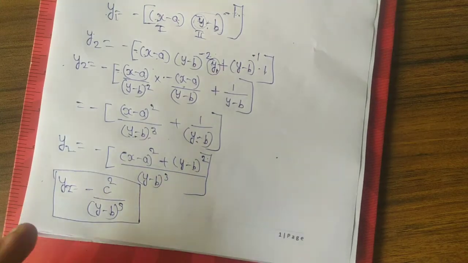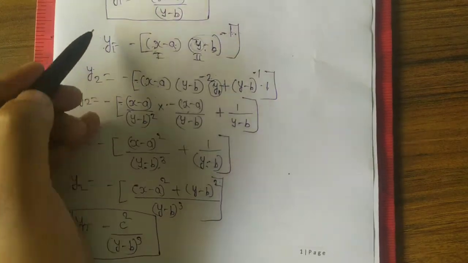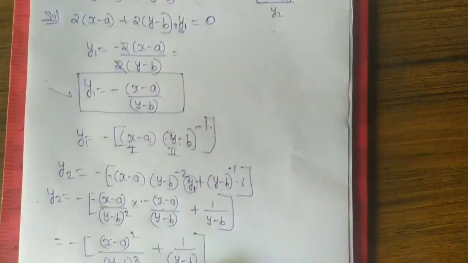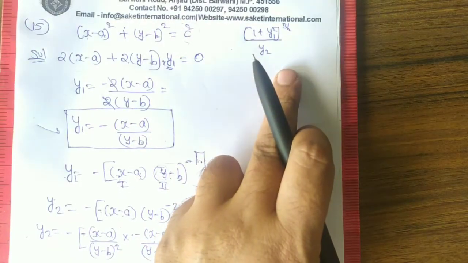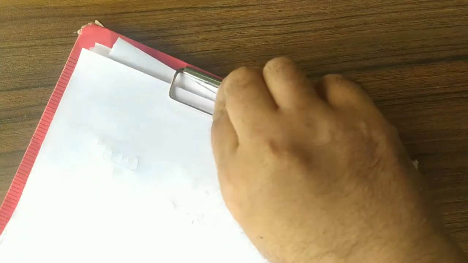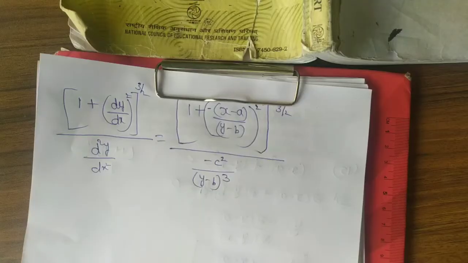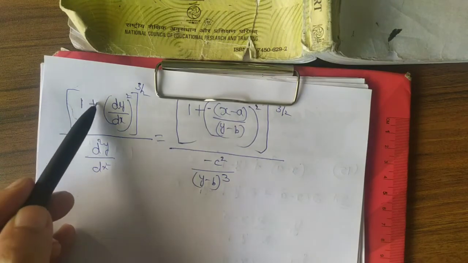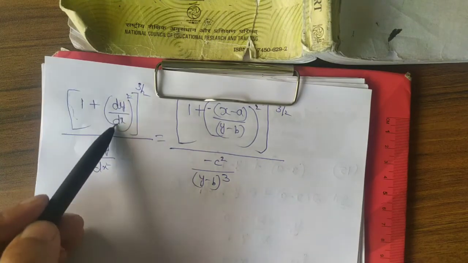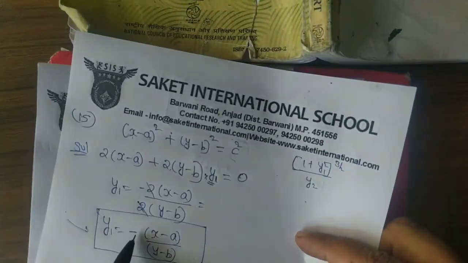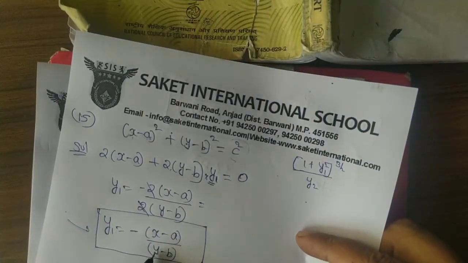Now we will put the value of y1 and the value of y2 in the given relation. So let us see the given relation. So now let us say here this is the given relation. So 1 plus dy upon dx whole square. So the value of dy upon dx, that is y1, is minus x minus a upon y minus b.